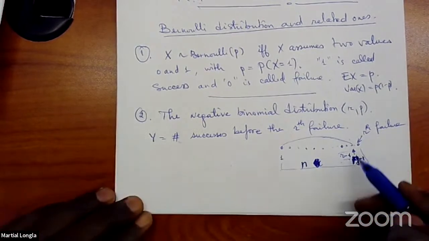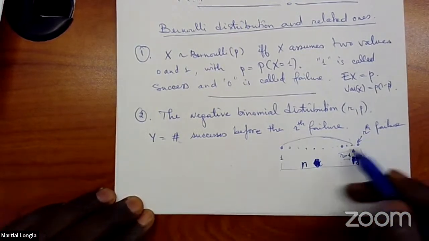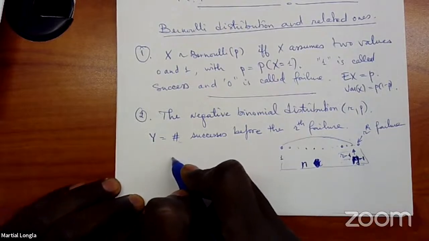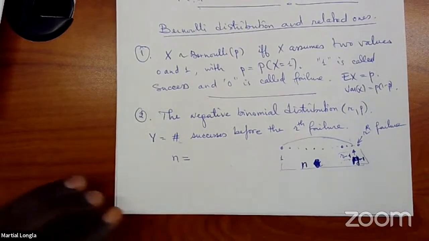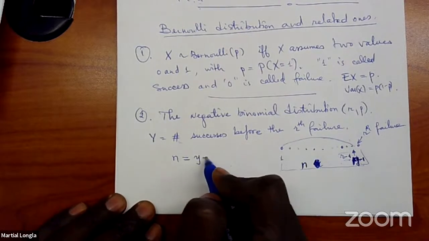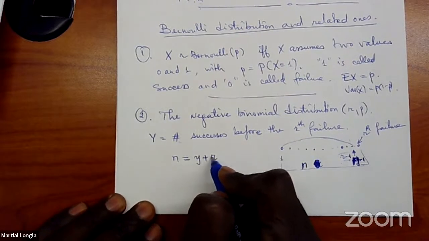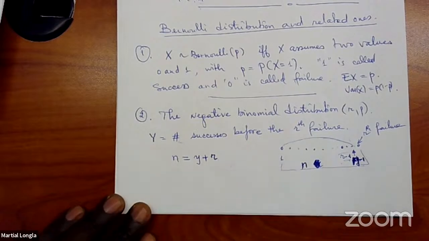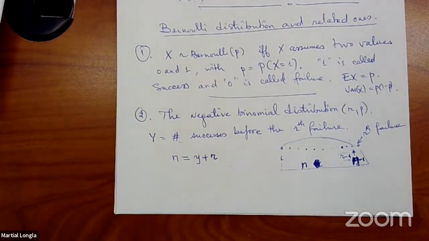So the N total that I have, which is the number of experiments that I have, is Y plus R. Number of failures plus number of successes is the number of trials, right?